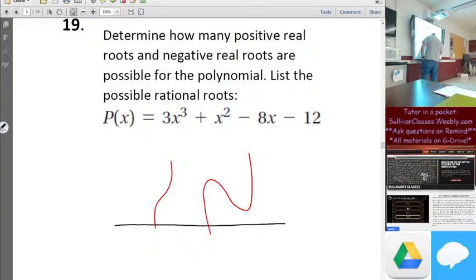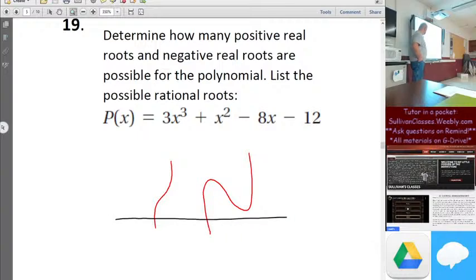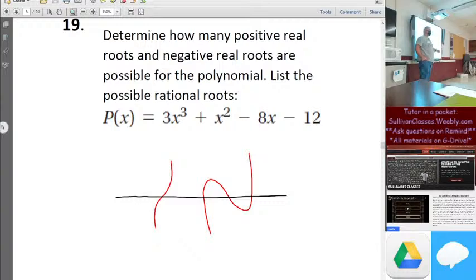If my x-axis is right here, that's got one real zero, that's got one real zero, both have 2 imaginary zeros. But I could have something like this, where we still have 1 real zero, but this one's got 3 real zeros. I could have something like this, where this one still has 3 real zeros.